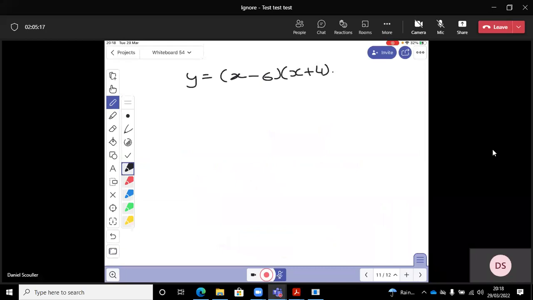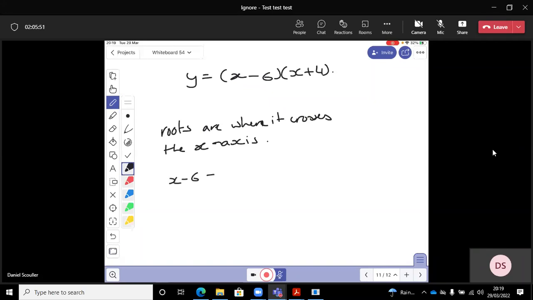What we're looking for, the most obvious thing you can look for, is the roots. Roots are where it crosses the x-axis. Find the roots by taking the brackets and equating them to 0.